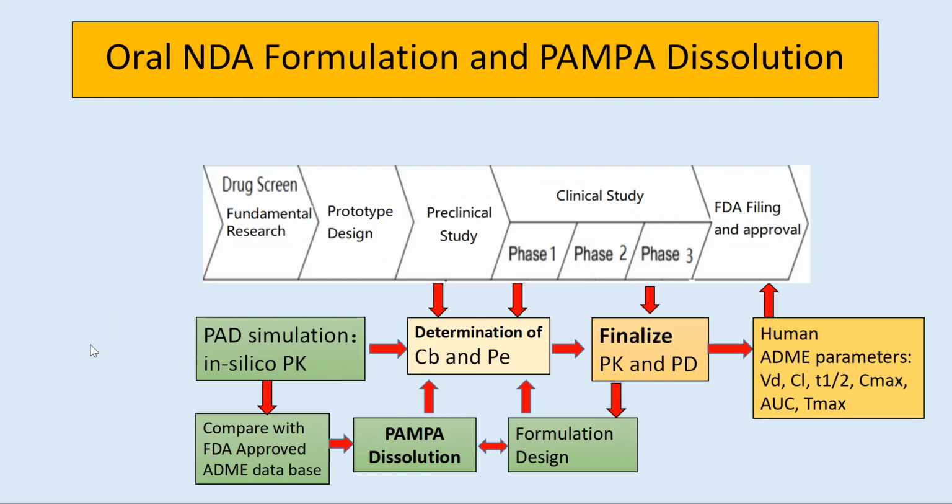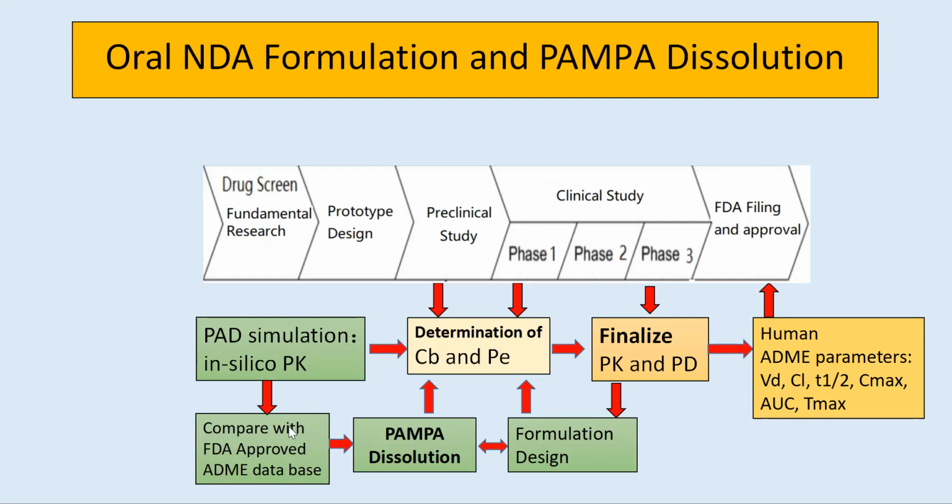Okay, once you've done the simulation, you will have fairly reliable PK data generated. With this PK data generated for your NDA, you can compare that with the previously approved ADME database from FDA, because similar PK data will indicate you will have a similar blood curve. So with that similar PK, you can have your IOD selected, right?